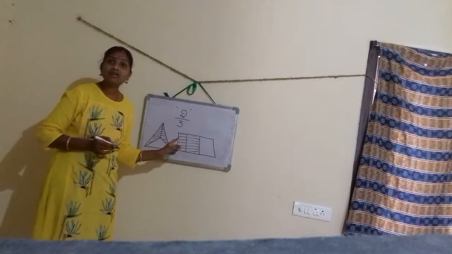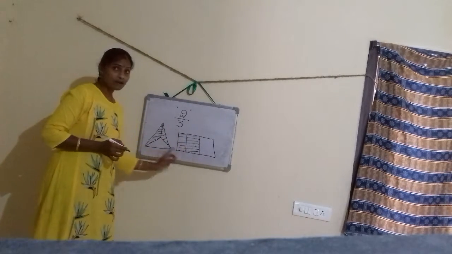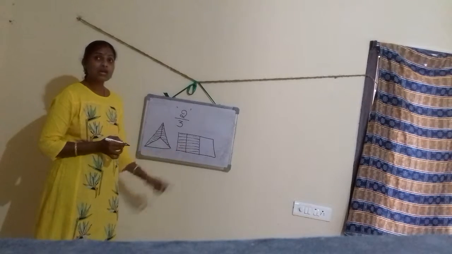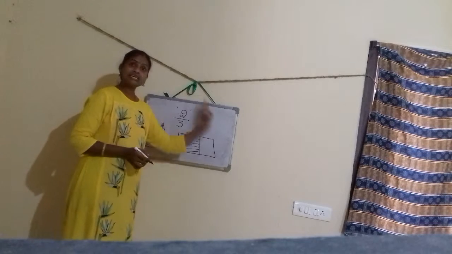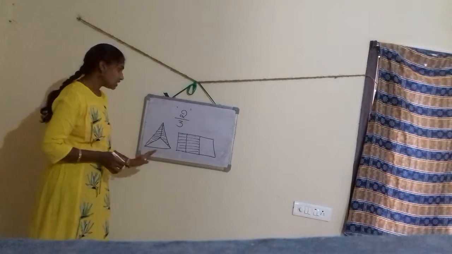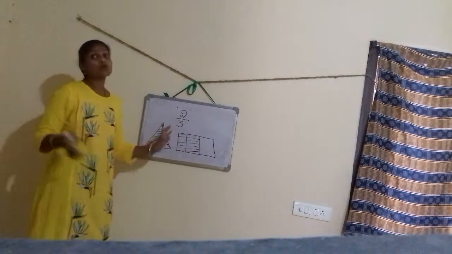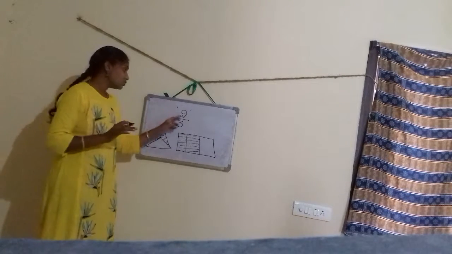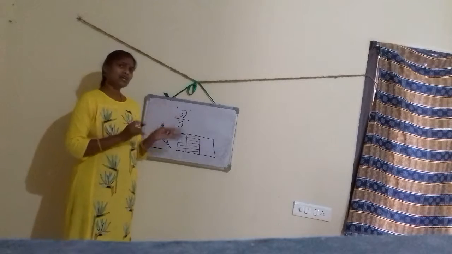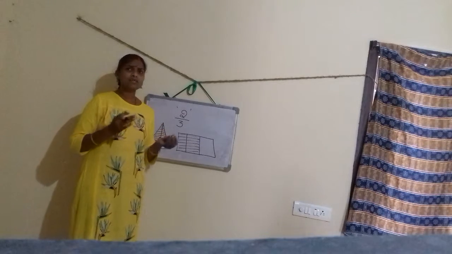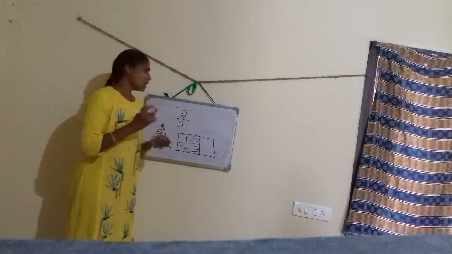So the shaded part of each figure represents 2 by 3 of the entire figure. Now we understand that 3 is the total number of parts and 2 is the number of shaded parts. It may also represent 2 out of 3 members.